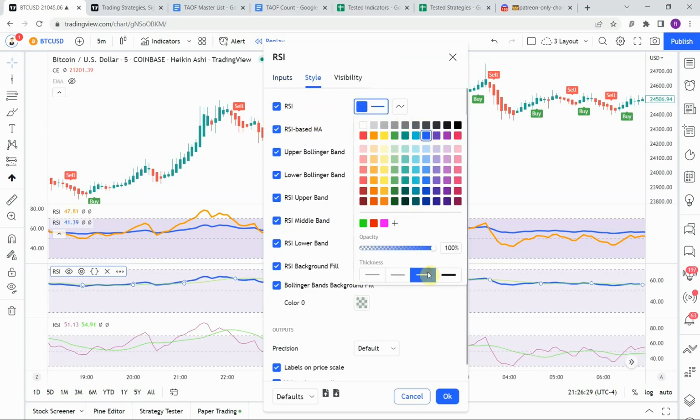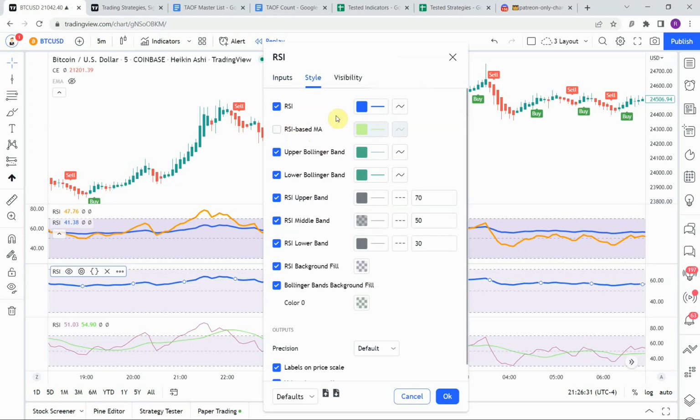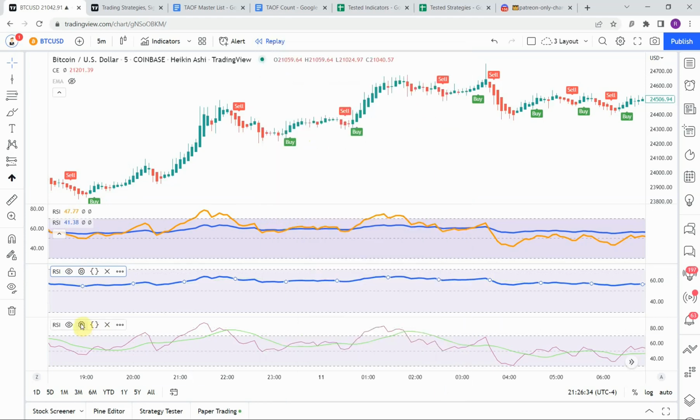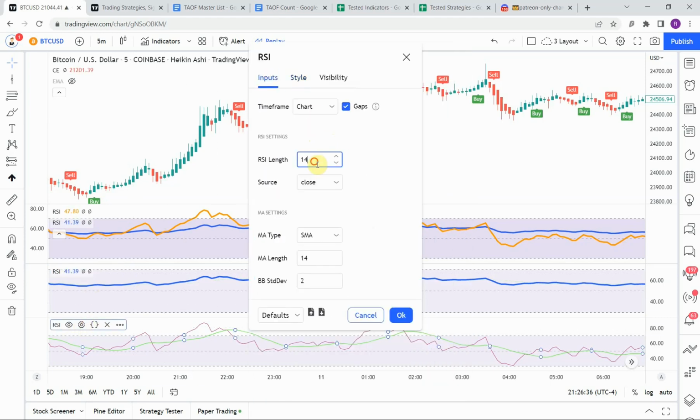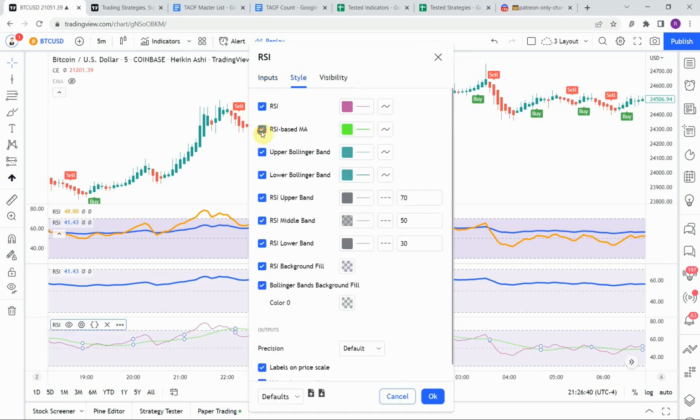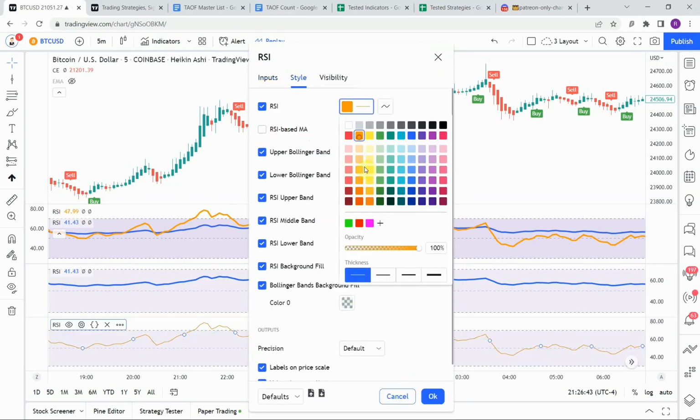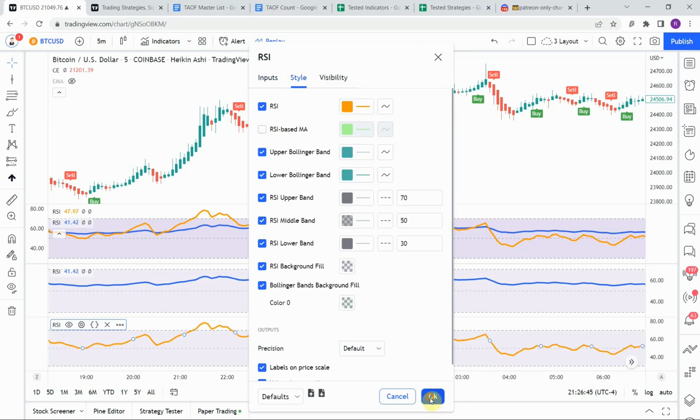Here we'll change this one to 25. It's a little bit easier if I just show it while we are on here.